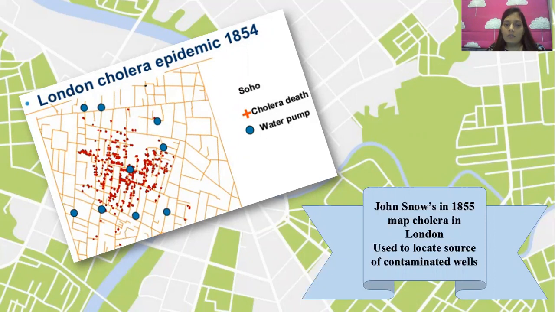At that time it was not named a cholera map, but by doing this type of analysis he located the source of the contaminated well, and through this the journey of GIS started, the journey of maps, the journey of geographical information started, and this is how GIS developed a lot.